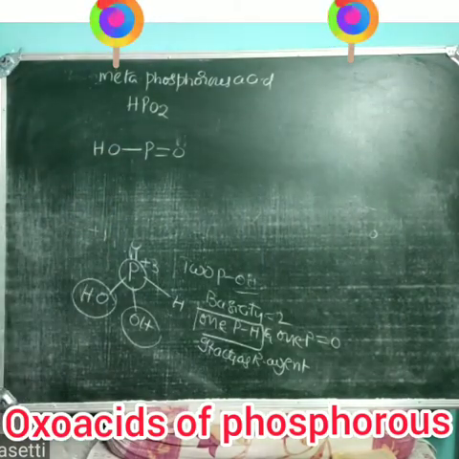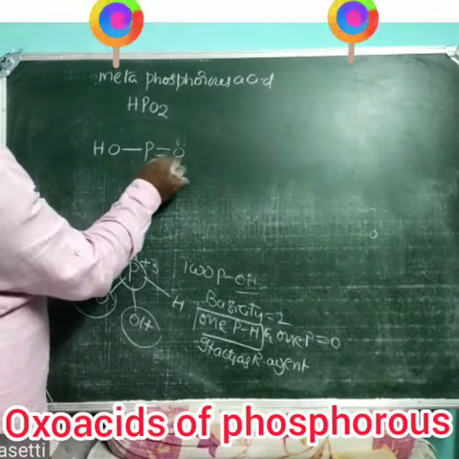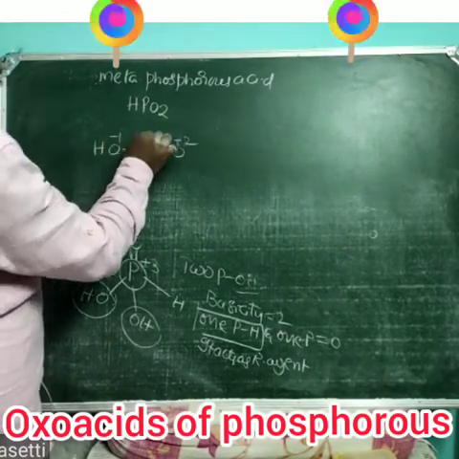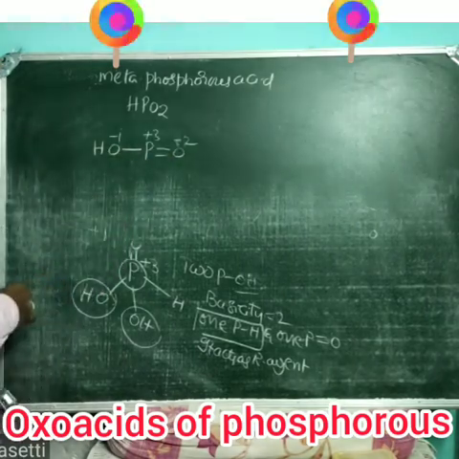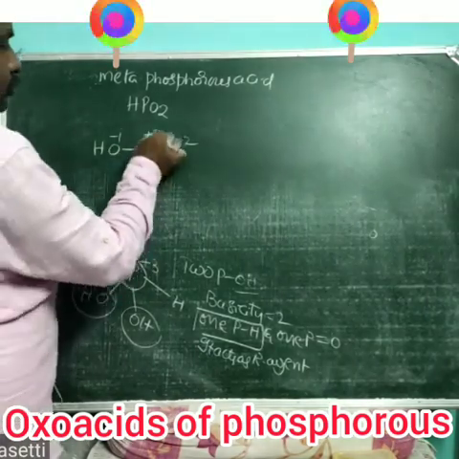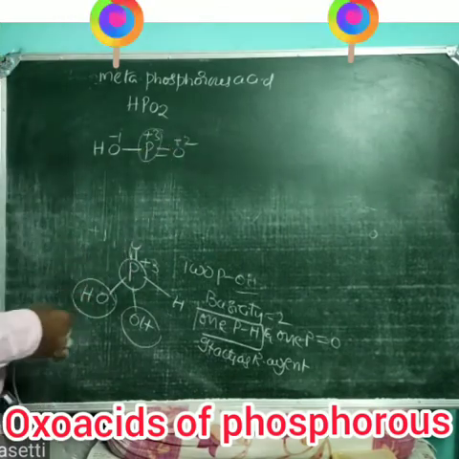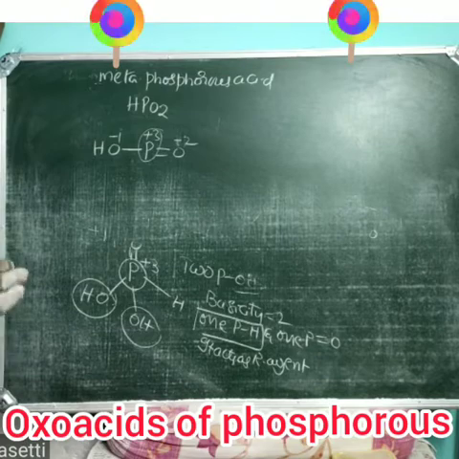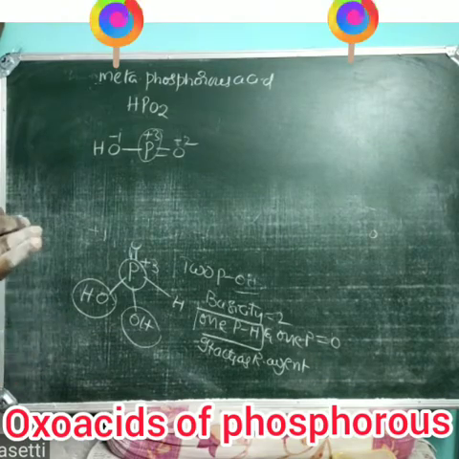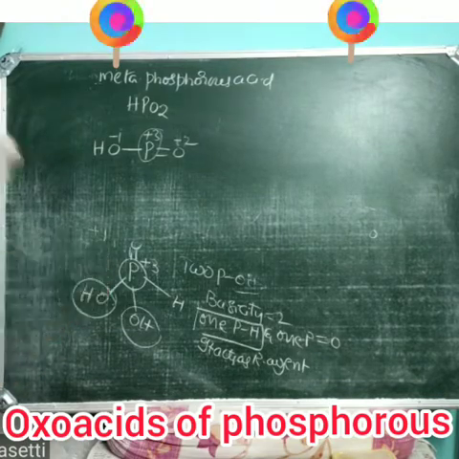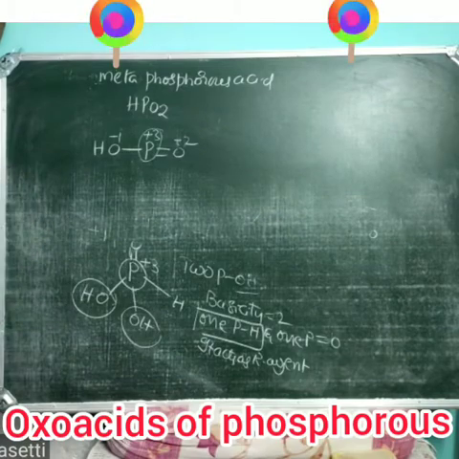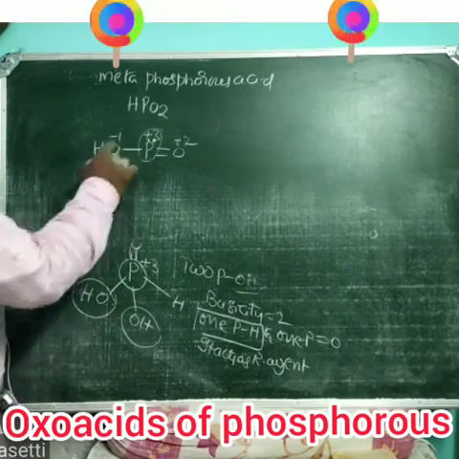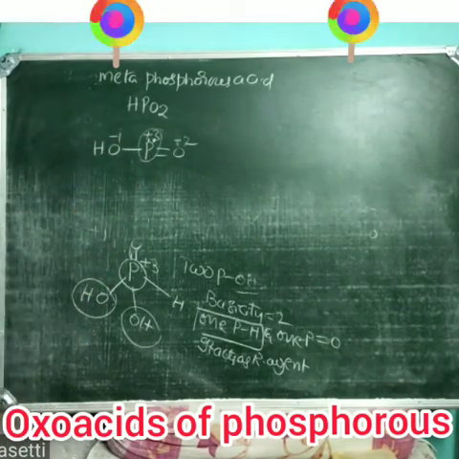Here the oxidation state of phosphorus is +3, with oxygen -2 and hydrogen +1. Except in this case, in all remaining cases, phosphorus is tetrahedrally linked with 4 other atoms or groups.